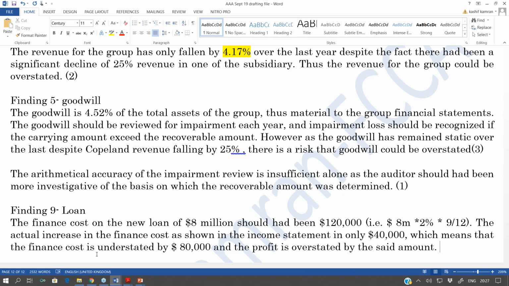So that's how you're going down with this answer. And then you have to comment on the sufficiency of the evidence.